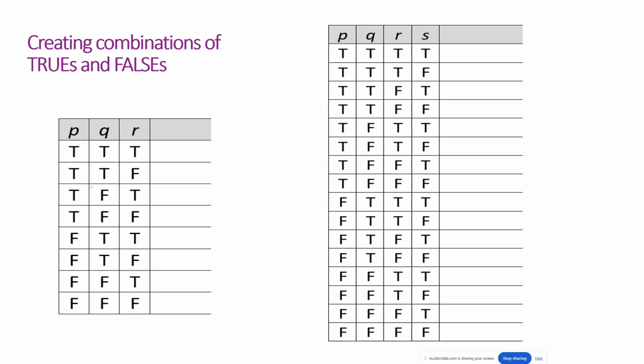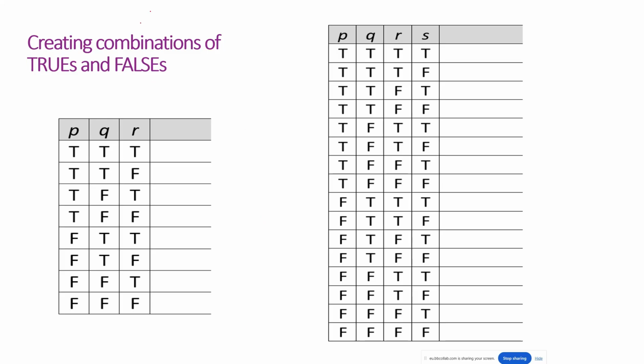Now, if you have 4 propositions, it's true, true, true, true, true, true, true, false. If you try to make them without a system, you're going to get confused and not get all the possibilities.